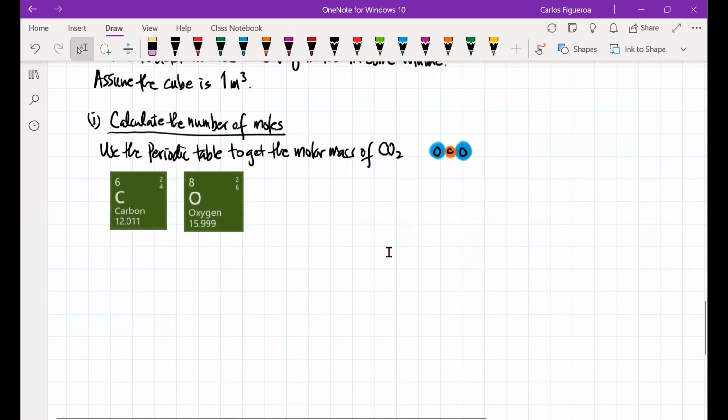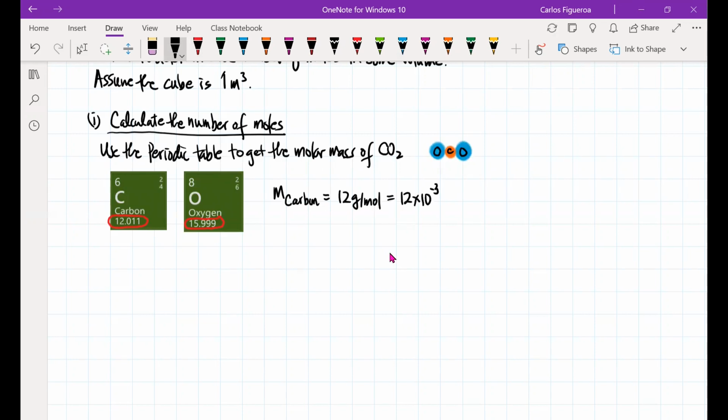Here's my atomic mass of carbon. Here's my atomic mass of oxygen. So then I can see that the mass of carbon reads 12 grams per mole, but not in the right units. So I have to put this into kilograms.